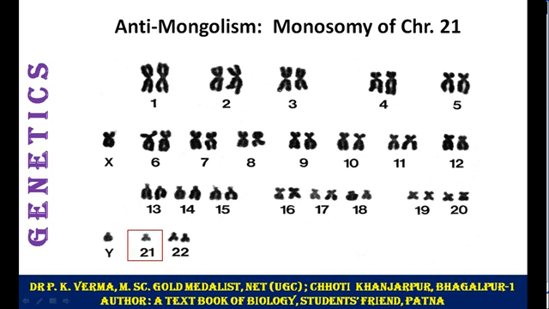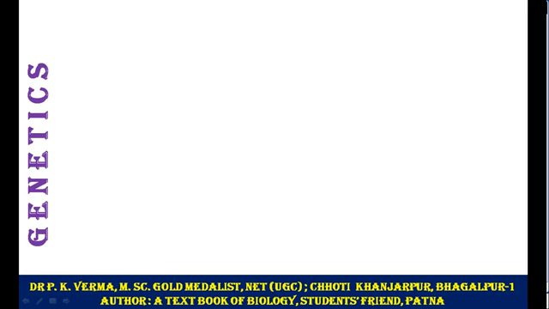See the red block. There is a single copy of chromosome number 21. So some of the dominant alleles are missing. It is the case of anti-Mongolism, monosomy of chromosome 21.